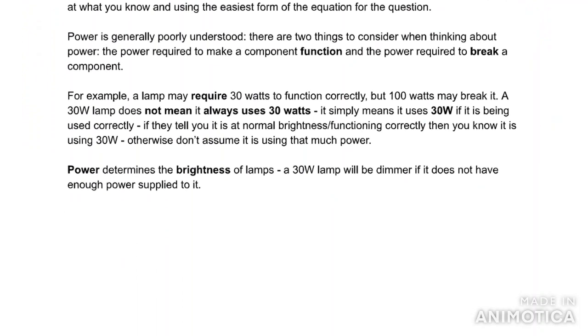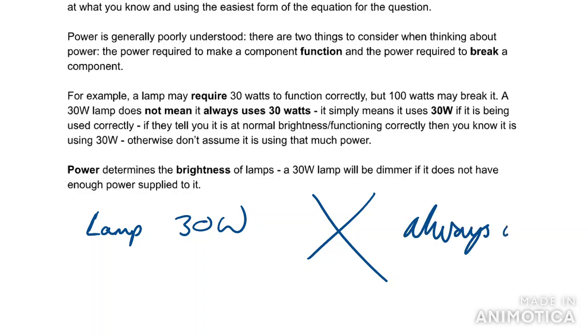Okay, one quick distinction to be made. With power, there are two things to think about. Some components have a power required to make the component function properly, and you've also got a certain power above which the component will break. Now, if a lamp is considered a 30-watt lamp, that does not mean it always uses 30 watts.